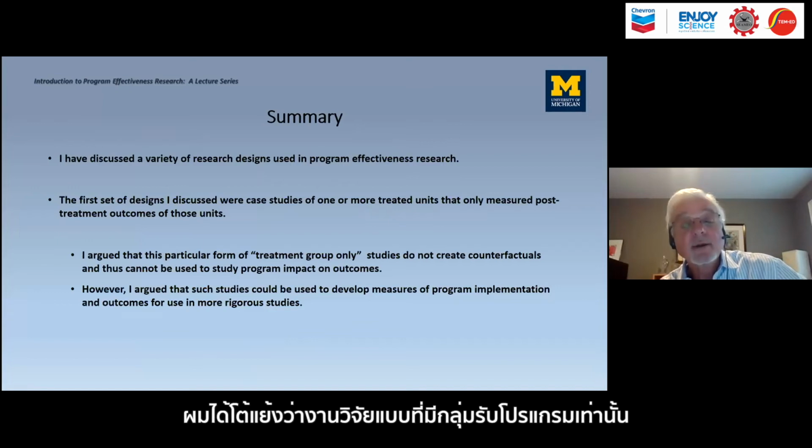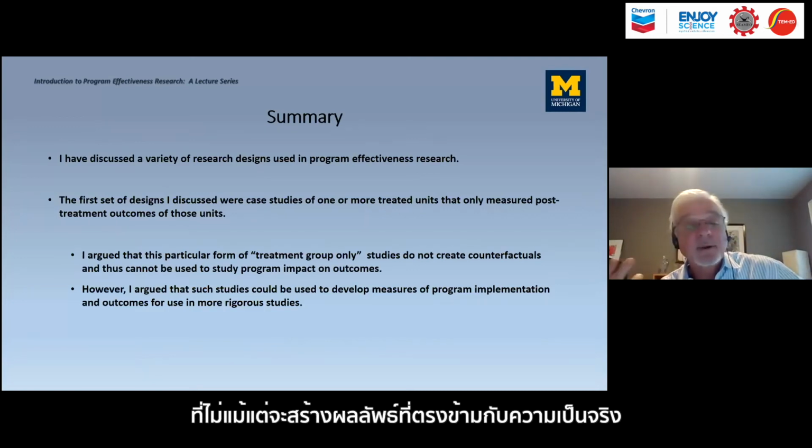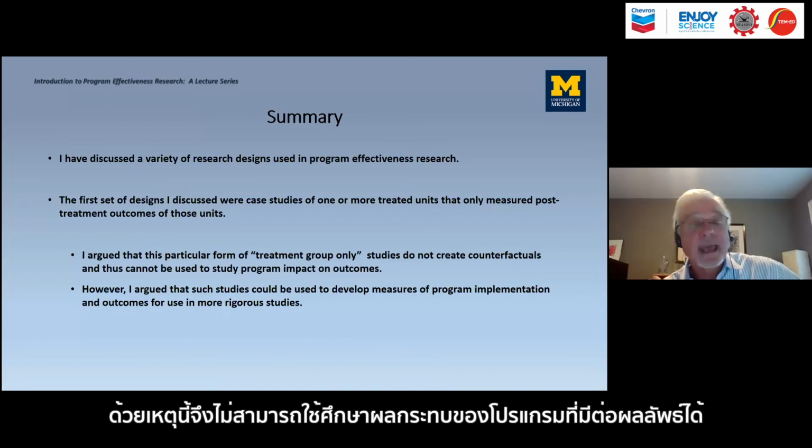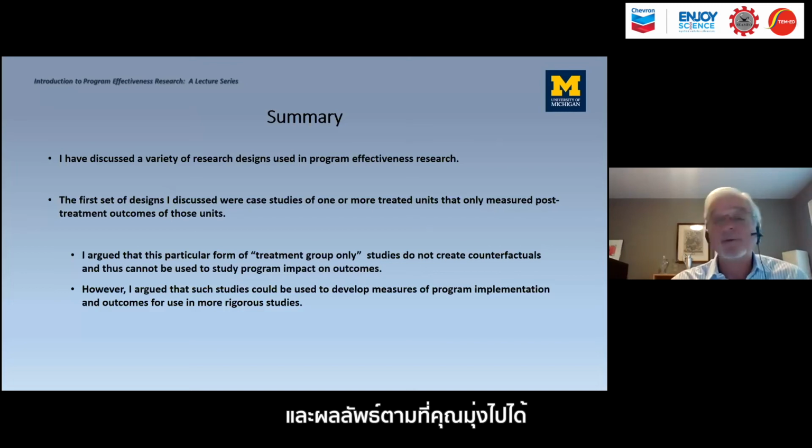And I argued that this type of treatment group only, post-test only study doesn't even create a counterfactual, and therefore can't be used to study program impact on outcomes. But it could be useful to develop measures of program implementation and outcome as you move forward.